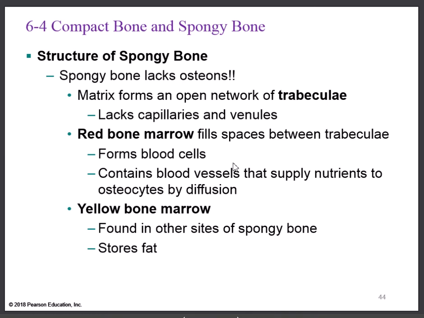Red blood cells, which are known as erythrocytes, white blood cells known as leukocytes, and then our platelets. There are some bones that do have some yellow bone marrow that store fat, right? So yellow bone marrow, just know, is not going to make blood cells. That's because it has fat.